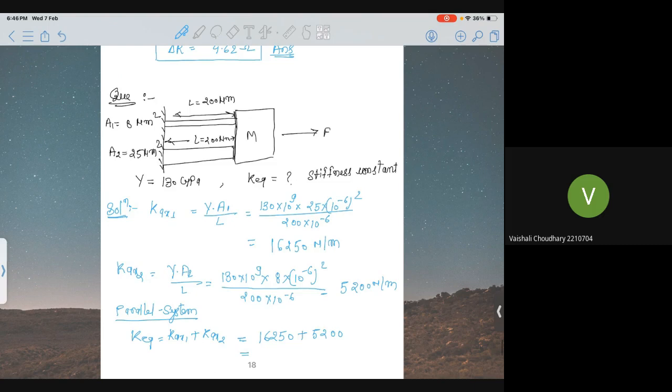So the total spring constant is 16250 plus 5200, which is 21450 Newton per meter. So this is the answer. Okay.